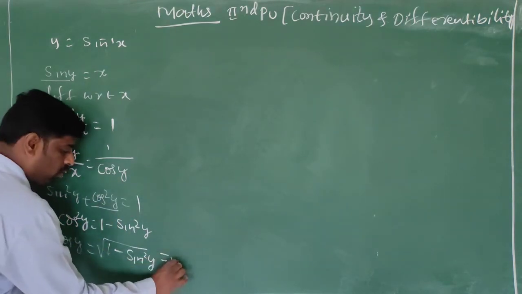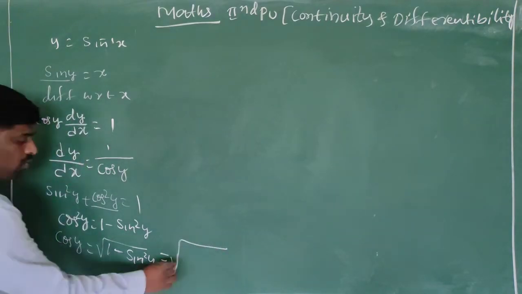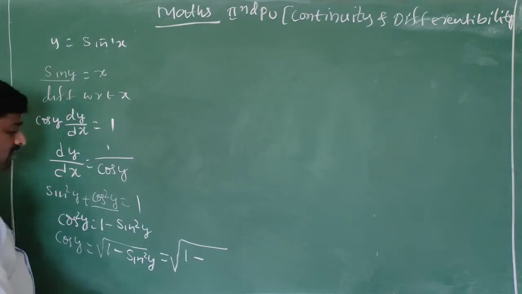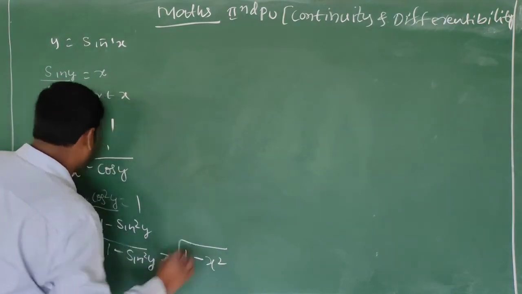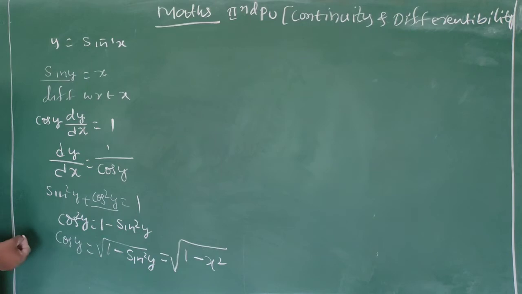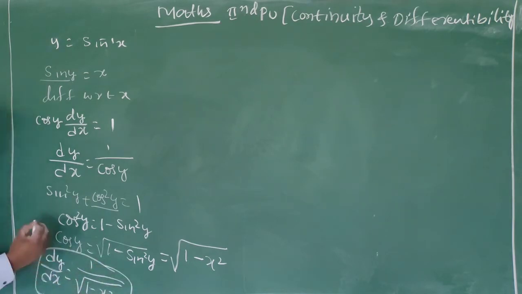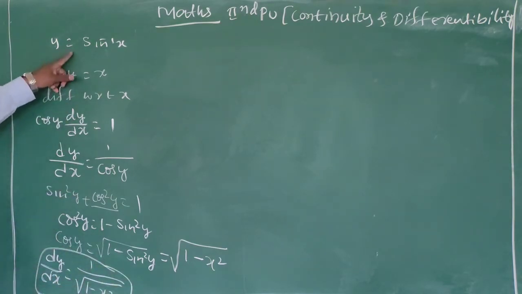This is equal to square root of 1 minus, sin y value is what? x. 1 minus x square. Now dy by dx becomes 1 divided by square root of 1 minus x square. This is the derivative of sin inverse x.